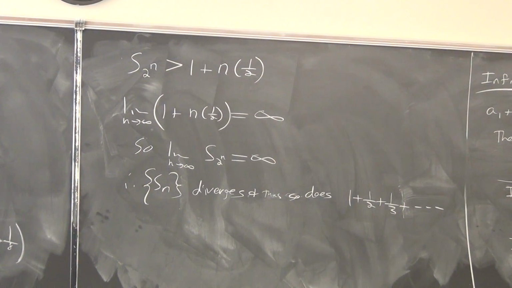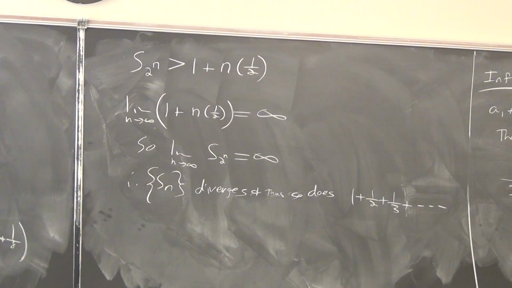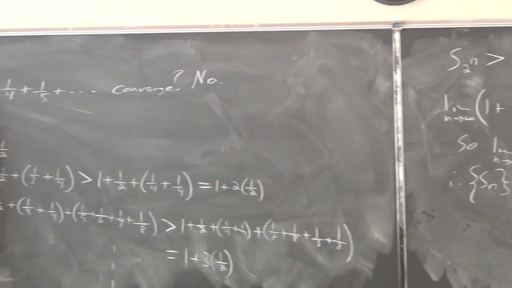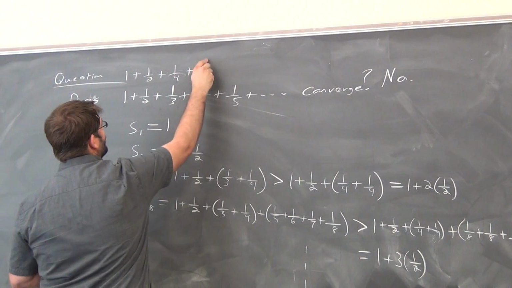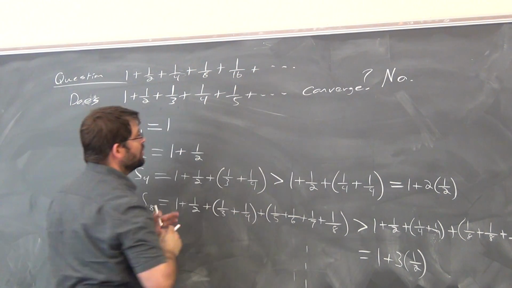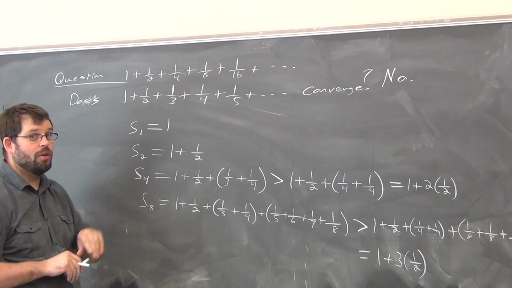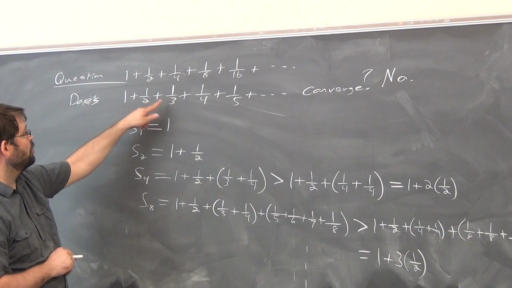And I'll just say, sort of very vaguely, this one converged. I changed it around a little bit. This will converge to 2. I added a 1 to what we had earlier, the 1/2 plus 1/4. This will converge to 2, and this will diverge.